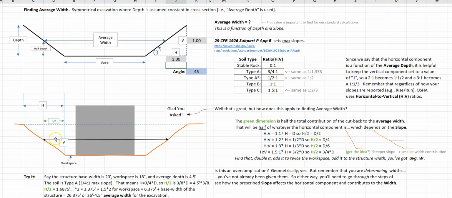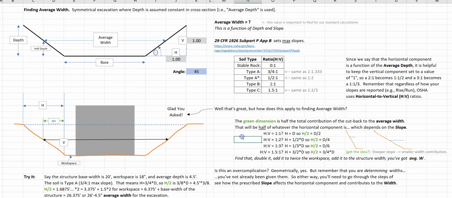It's some component here down the vertical. And so we have that times 2, because there's 2 of them on either side. Add to that twice the workspace, because there's 2 on either side. And then whatever structure you have going on in here, whether it's a large basement excavation or foundation wall, something, whatever your setup is going to be.